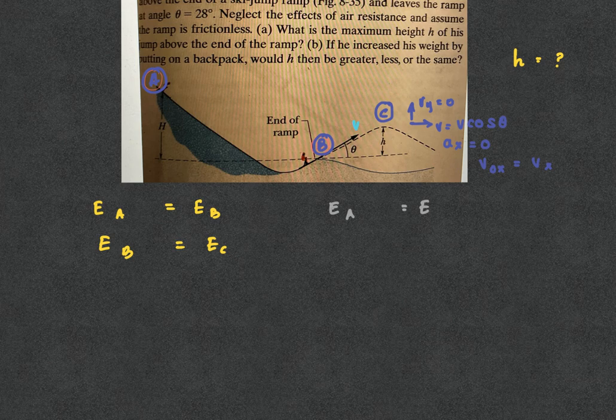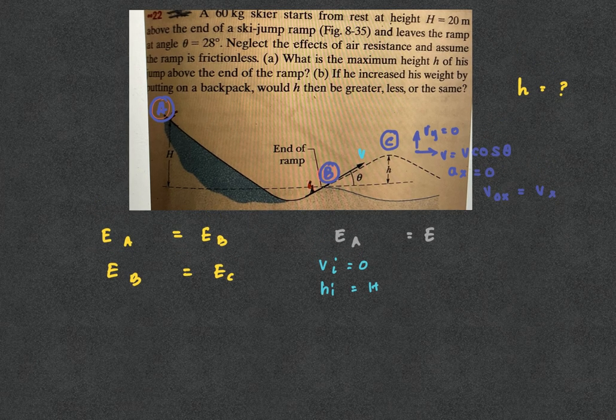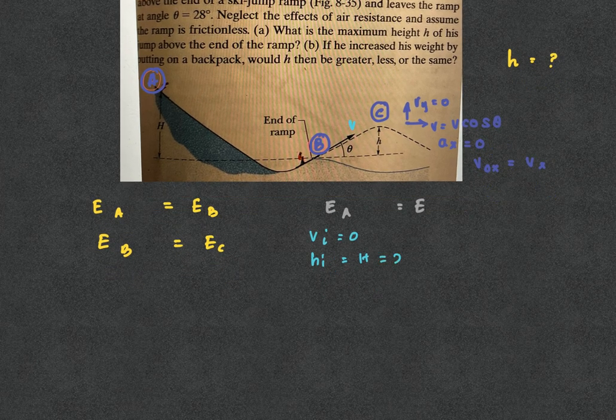That is because the system is starting from rest. That's what the problem says. And H initial equals big H, and the big H is given to us as 20 meters. So we know the situation at point A.